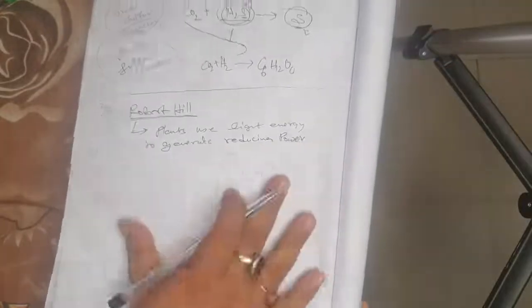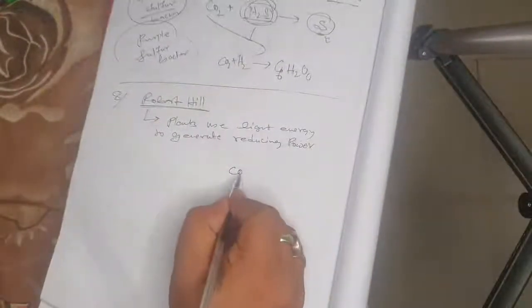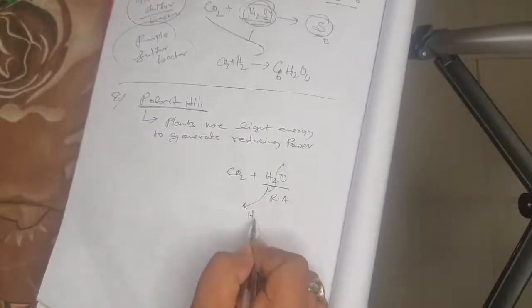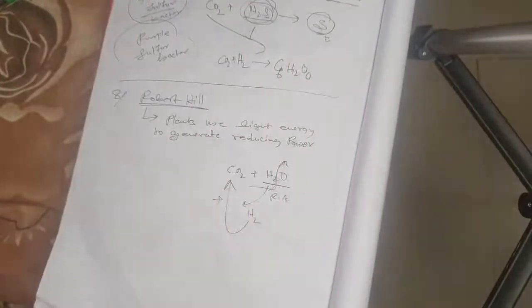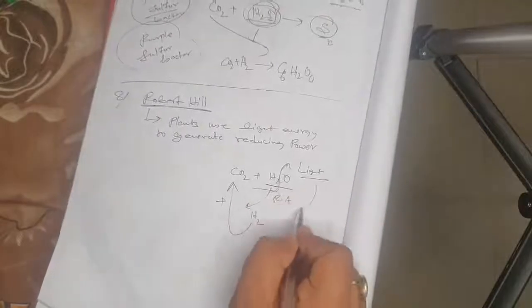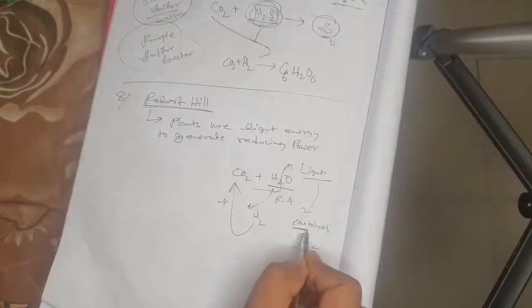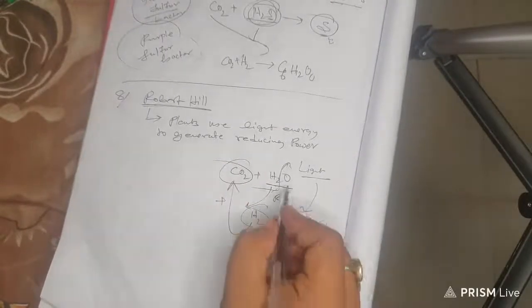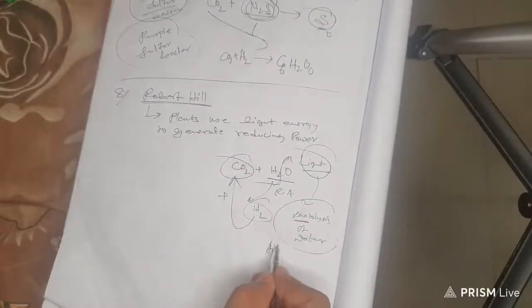Wow! Just now in the previous experiment you learned that CO2 plus H2O, and H2 is broken down. H2 is the reducing agent from where H comes out and combines with CO2, but this process is not so simple. Water is broken down with the help of light, which is called photolysis of water. The hydrogen comes out and combines with carbon dioxide. Now this reducing power is generated by light. Hence this photolysis of water is also known as Hill's reaction.